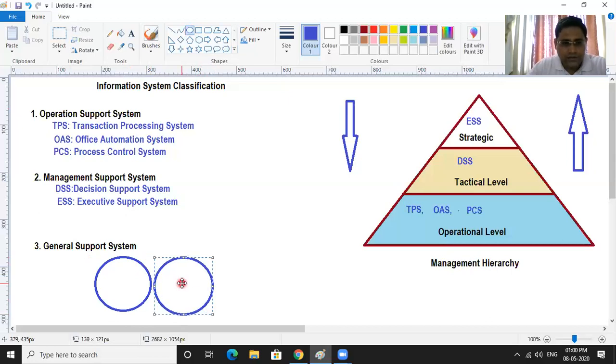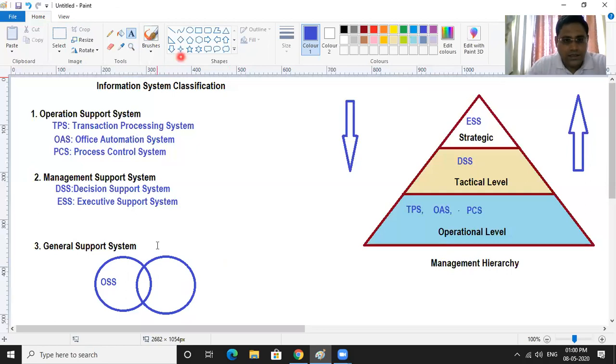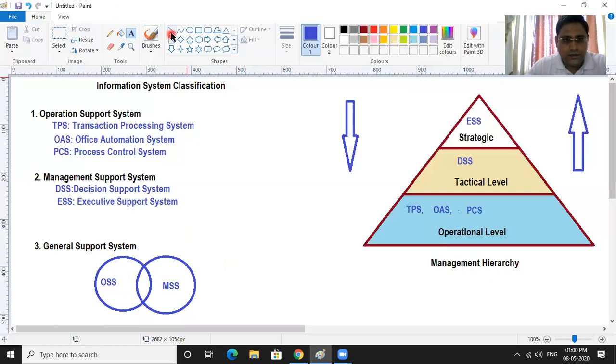Let us suppose this is our operation support system, and this is our management support system, and this part in between is the common part.